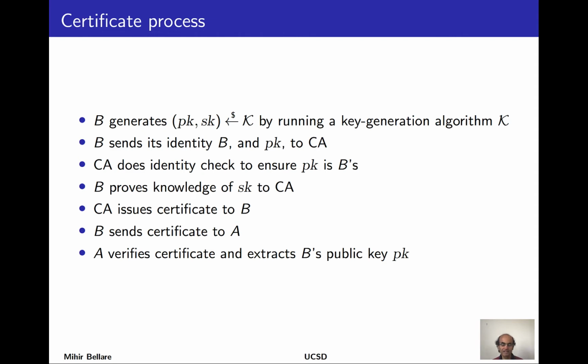This certificate as a proof is sent back to B. Now when B wants to contact A and say, "Here's my public key," it sends not the public key, but in fact the certificate, which contains the public key inside it, which A can extract. And A will verify this certificate and check that, yes, the CA, who is trusted by A, has endorsed this public key as belonging to the identity of B. So that's the high level.